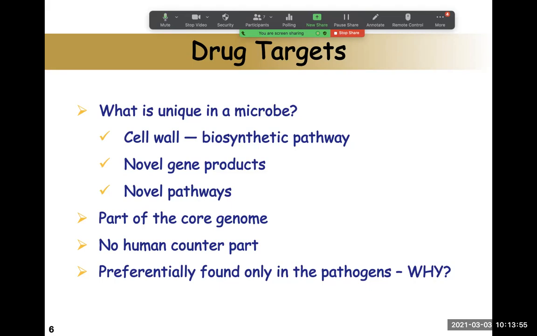However, the cell wall, the peptidoglycan, is extremely unique to bacteria. So as you can imagine, many antibiotics target the cell wall, and not just the cell wall per se, but any enzymes involved in synthesis of the cell wall. Fungi have many unique cell wall components, and you can certainly target those.